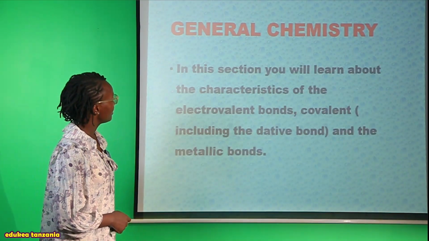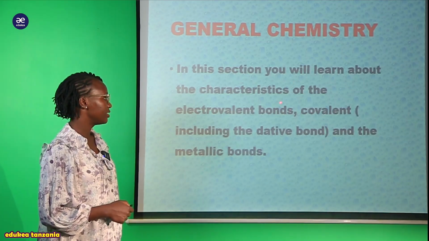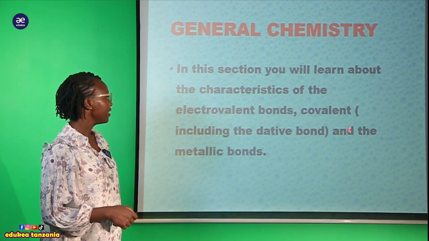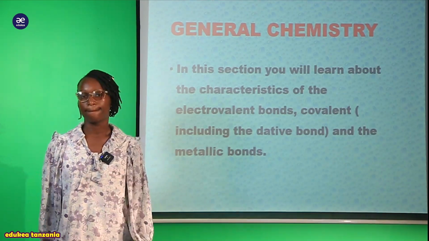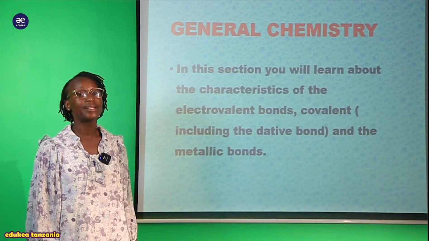So you can see that in this section you will learn about the characteristics of the electrovalent bond and the covalent bond, where the covalent bond will actually include the dative bond. So in the covalent bond we will study the issue of the dative bond.